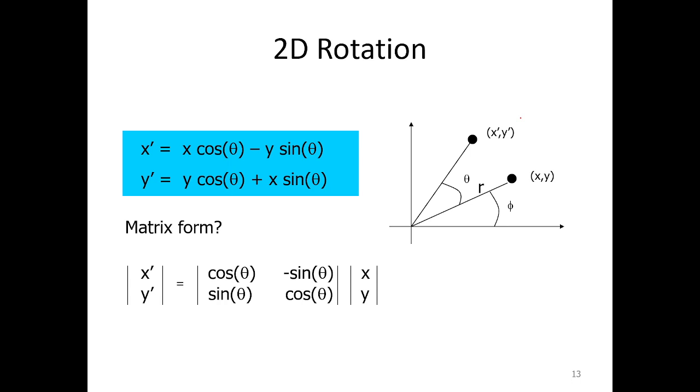So x dash equals x cos theta minus y sin theta, y dash equals y cos theta plus x sin theta. In matrix form, x dash y dash equals the matrix cos theta, minus sin theta, sin theta, cos theta, times x y.